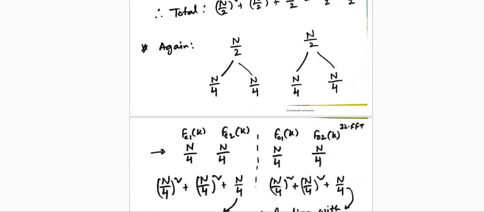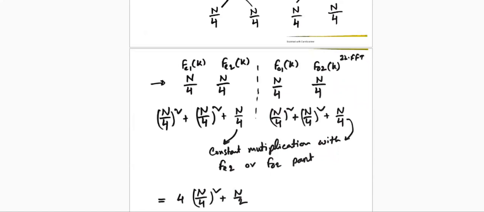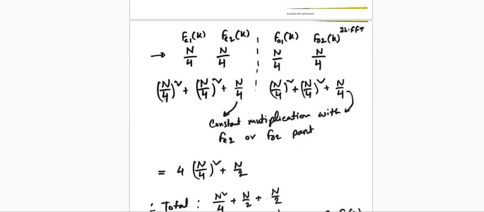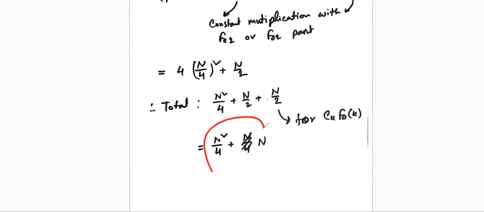Now, if you are dividing more, the example is given. If that is n by 4 square plus n by 4 square plus n by 4 for that constant, altogether we need these multiplications. In that way, it will be more downgraded with the value.